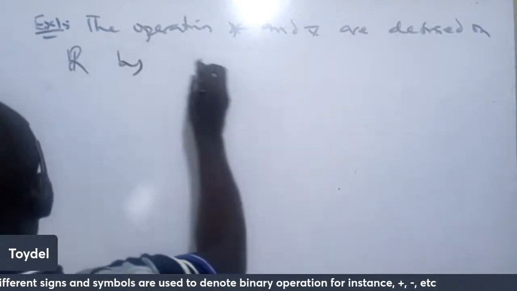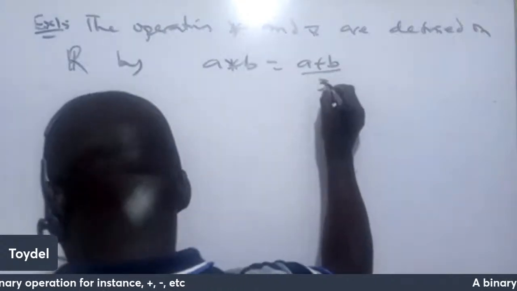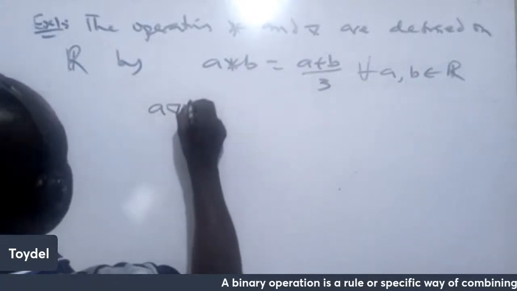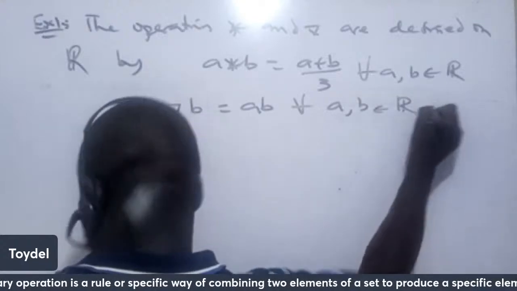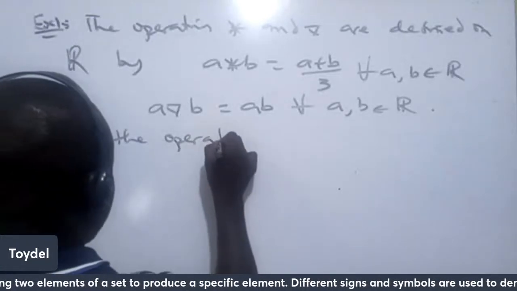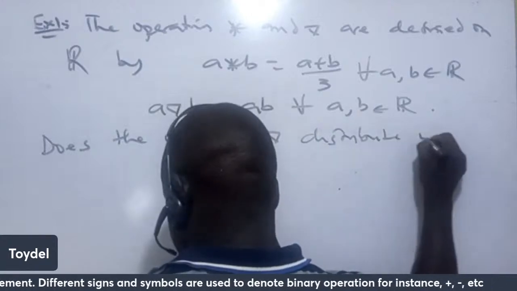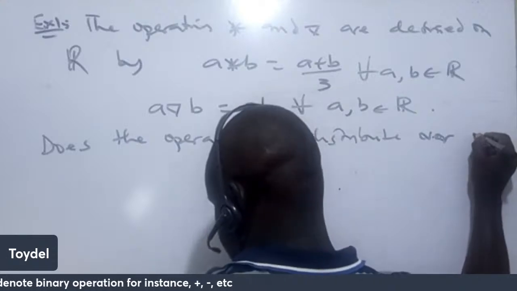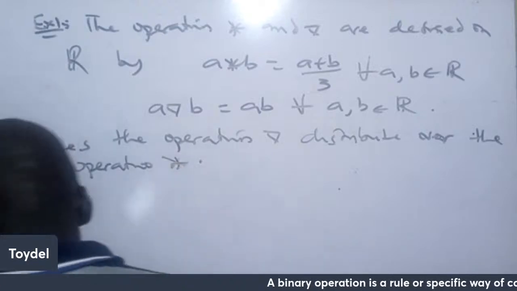The operations are defined by A asterisk B equals (A plus B) over 3 for all A, B belonging to R. Then we also have the second one: A inverted triangle B is given as AB for all A, B belonging to the real numbers. So the question is now, does the operation inverted triangle distribute over the operation asterisk?